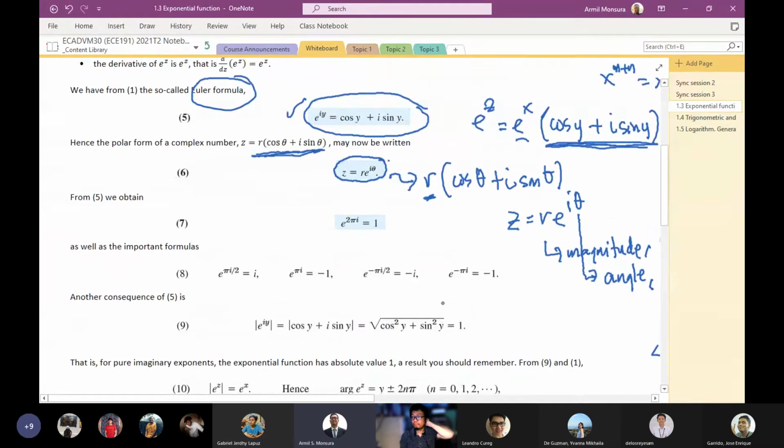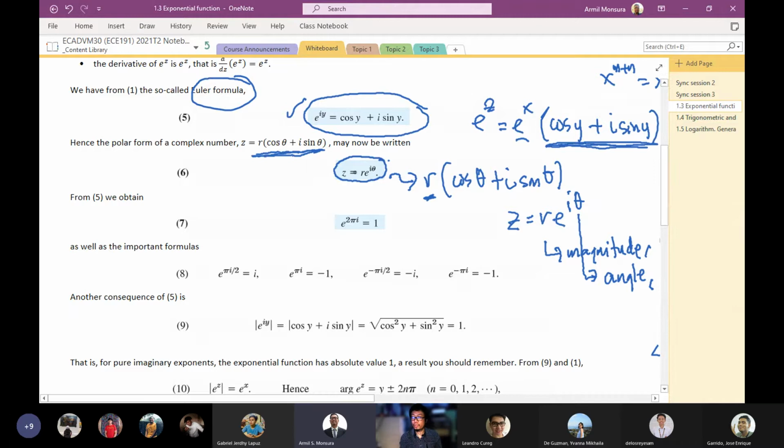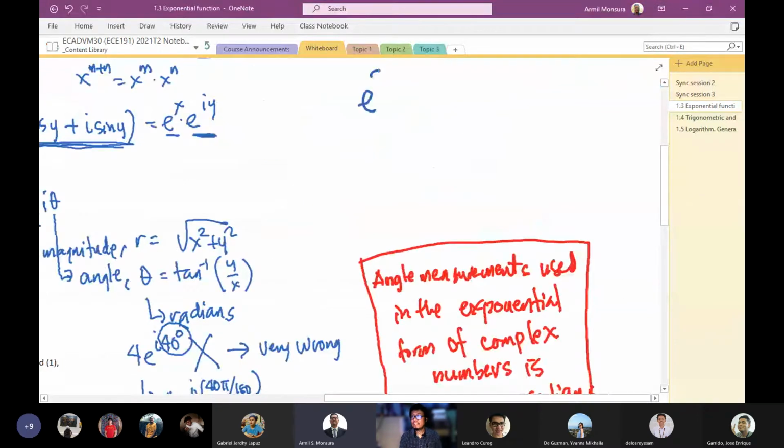Now, hopefully we're now clear on the definition of your polar form. It should be noted that by definition, this equality holds true: e raised to 2 pi i is equal to 1.